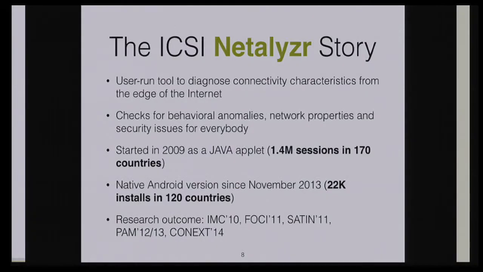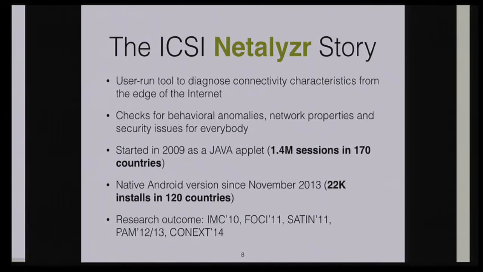And let me also give you some background about the project for those of you who are not familiar with Netalyzr. So it started back in 2009 as a tool that aimed to diagnose connectivity characteristics and trouble in the network. And we actually aim to use the mobile device as the vantage point, and we exploit crowdsourcing techniques in order to collect as much information as possible and also to have as much fidelity as we could on the data.